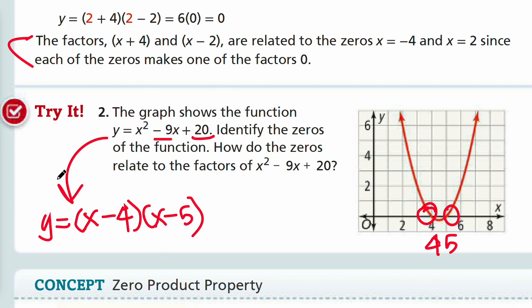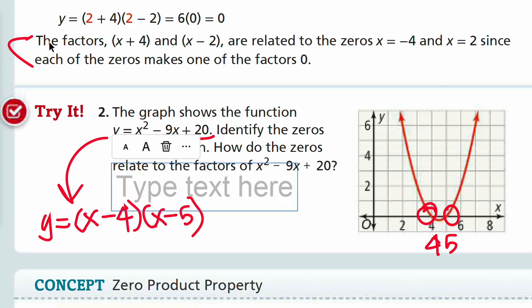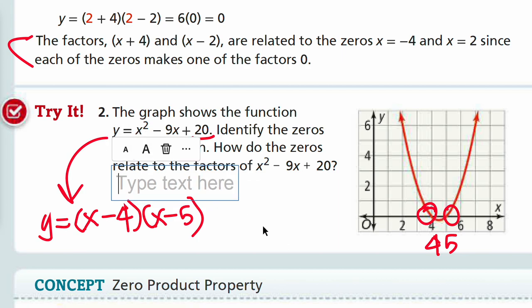So you want to say something that relates the factors and the zeros. You can look at your example and see how they worded it and say the same thing, right?